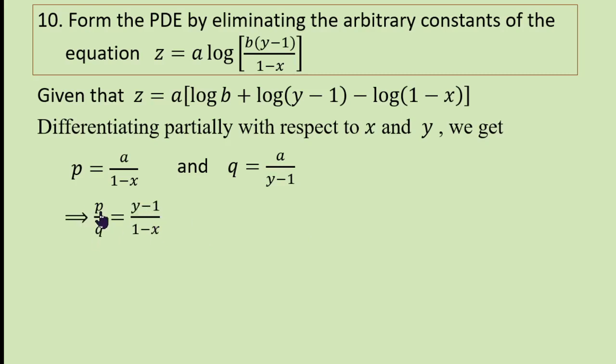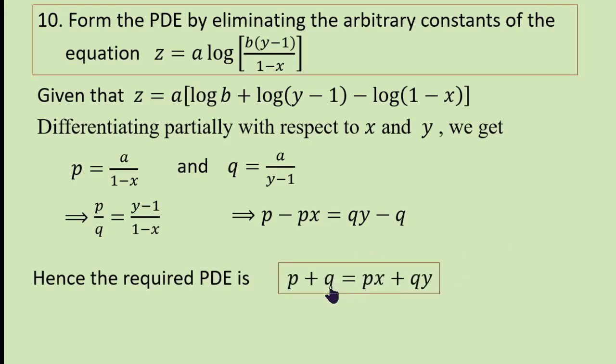Now rearrange. p into (1 minus x) equal to qy minus q. So p into 1, that is p, minus p into x, that is px, equal to qy minus q. Now rearrange. p plus q equal to px plus qy. So that is the required PDE.